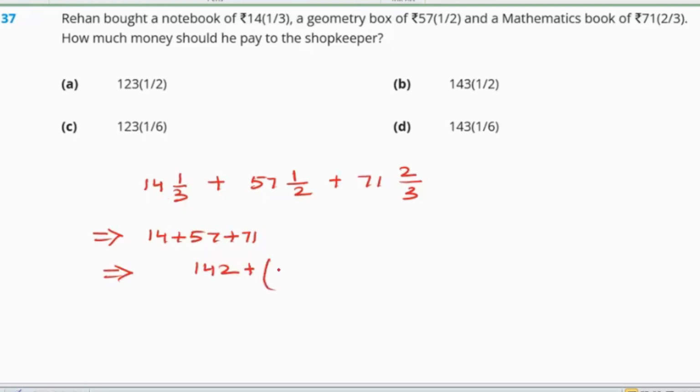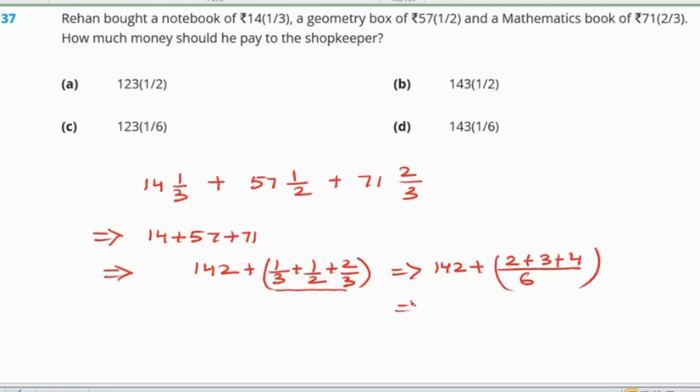Now in the other bracket, we will add 1 by 3 plus 1 by 2 plus 2 by 3. Okay, so when we are adding them together, because the LCM of these three numbers is going to be 6 only, and in the table of 3, 6 is there 2 times, so 2 should be there, and here 3 should be there, and here 4 should be there.